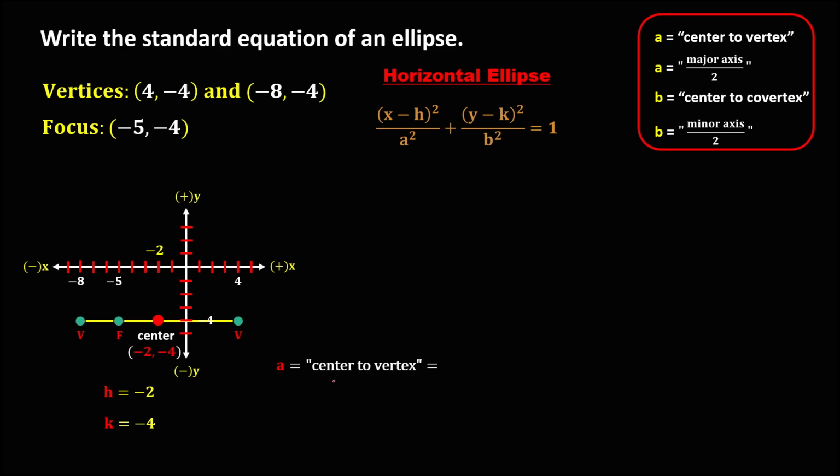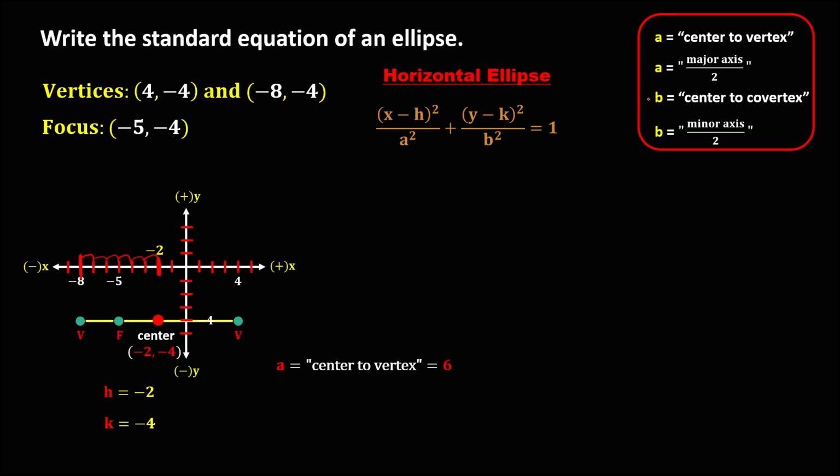So from center to vertex, this is the center, and this one is the vertex. Using the counting method, we have 1, 2, 3, 4, 5, 6. So therefore, a is equal to 6.